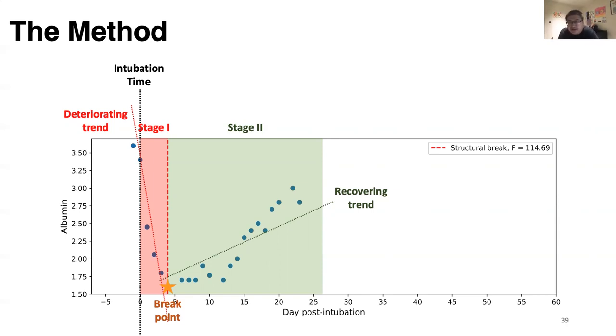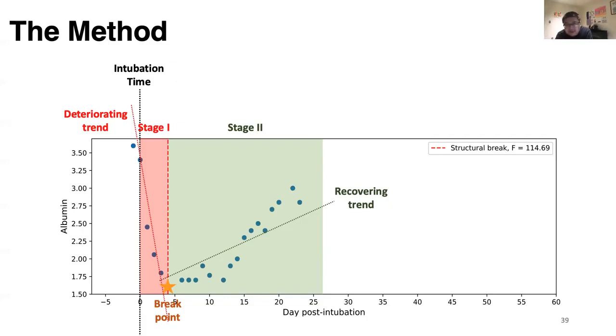Specifically, for every patient, the Chow test was performed for each time point of the albumin trajectory, and the breakpoint was determined by rejection, with p-value smaller than 0.05 and F-value bigger than 3, of the null hypothesis that the coefficients of linear regressions before and after the breakpoint are equal.